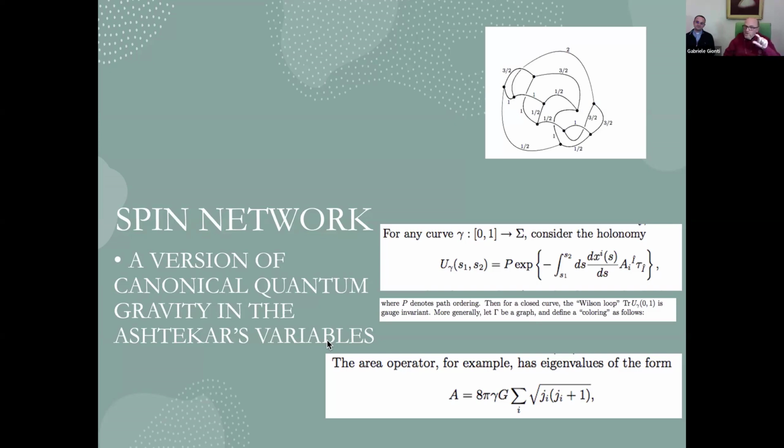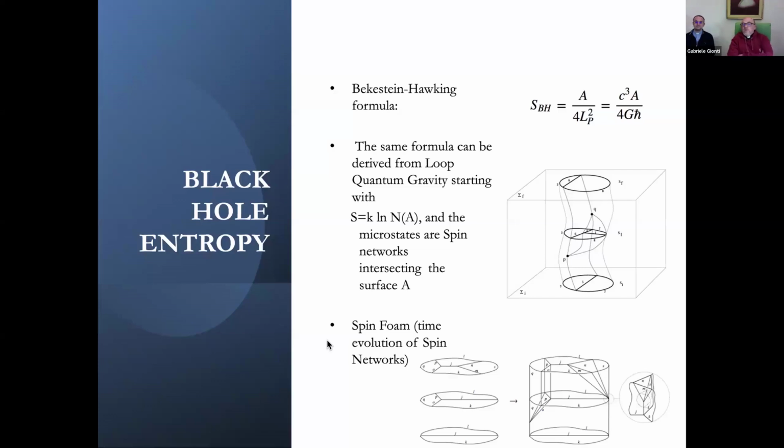And in particular, you find that this solution gives as a result that the area is quantized, not the volume; the area is quantized in loop quantum gravity. In particular, you have heard that Bekenstein and Hawking found that the black hole has an entropy that is proportional to the area.